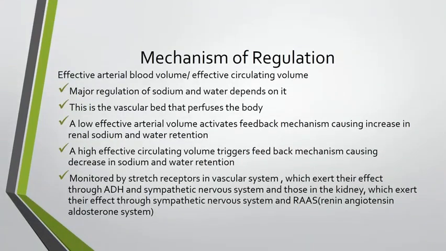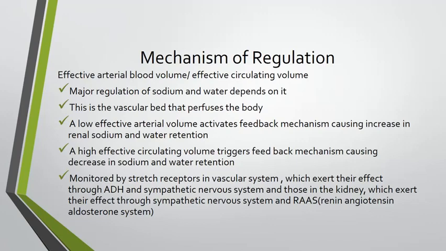What is the mechanism of regulation? The major regulator of sodium and water depends upon the effective arterial blood volume, or the effective circulatory volume. This is the vascular bed that perfuses the body. A low arterial volume activates feedback mechanisms which cause an increase in renal sodium and water retention, and a high effective circulatory volume triggers feedback mechanisms causing a decrease in sodium and water retention.